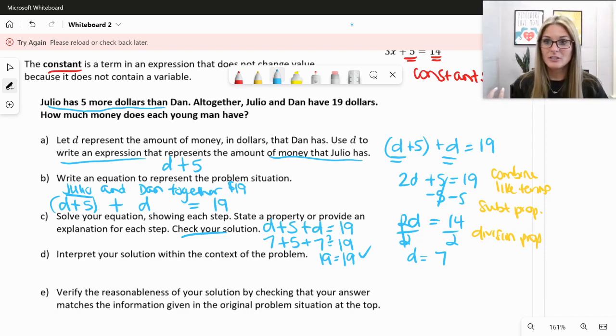Does Julio have $7? No. Julio had $5 more than Dan. So how much money does Julio have? Remember, the expression we wrote for Julio in part A was D plus 5. So 7 plus 5. Julio has $12. Dan has $7.